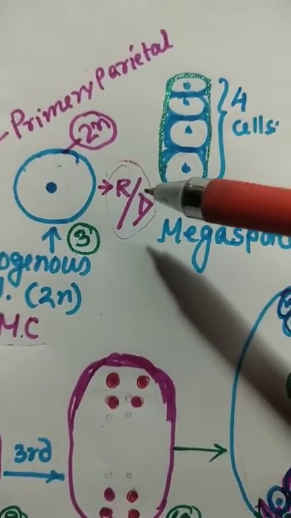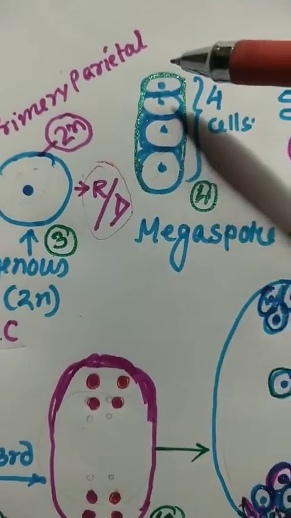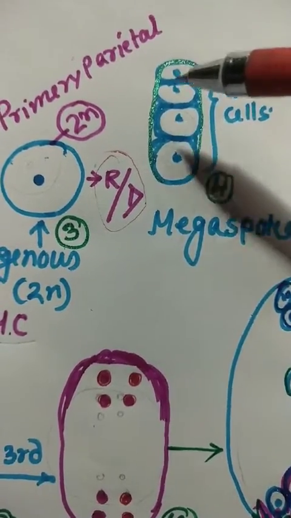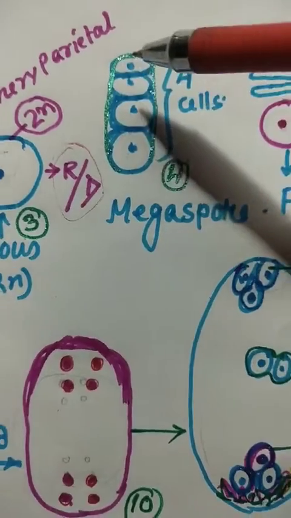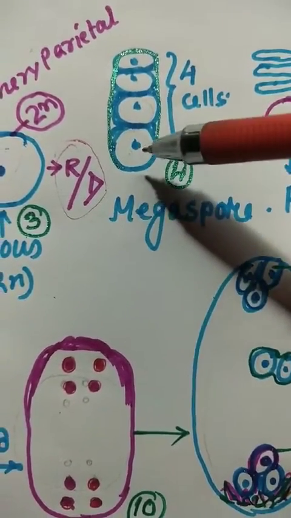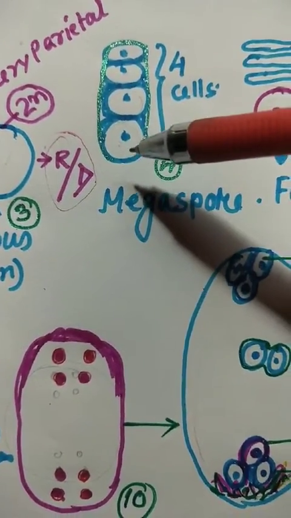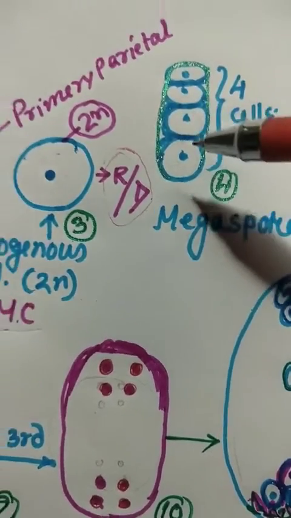As a result of reduction division, we have 4 cells. These 4 cells are all haploid and arranged in a linear position, known as linear tetrad.